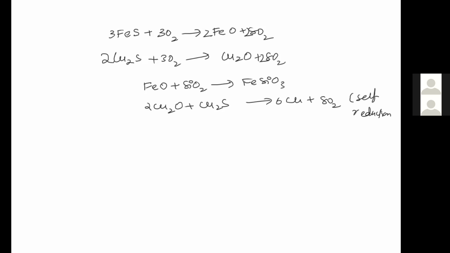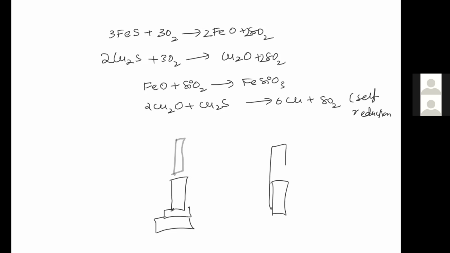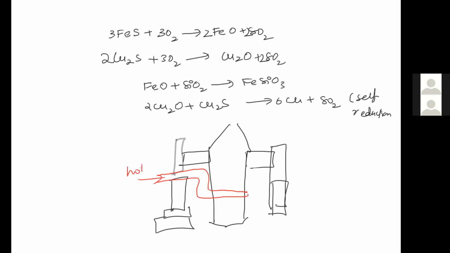So what happens here? In the Bessemer converter, you have a stand like this. So hot air plus sand.